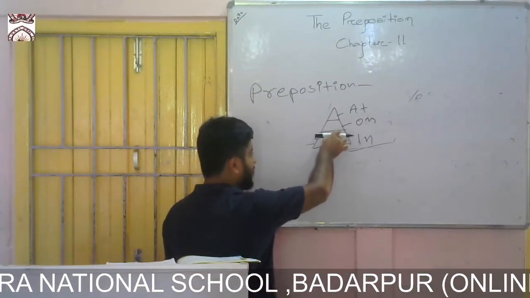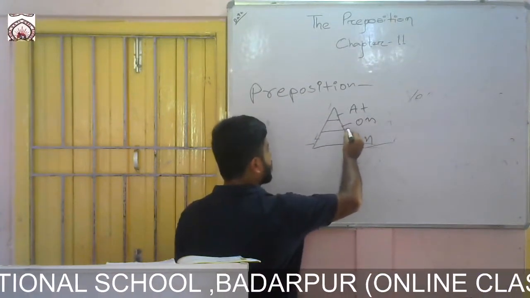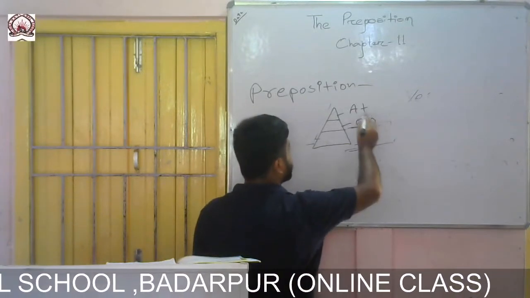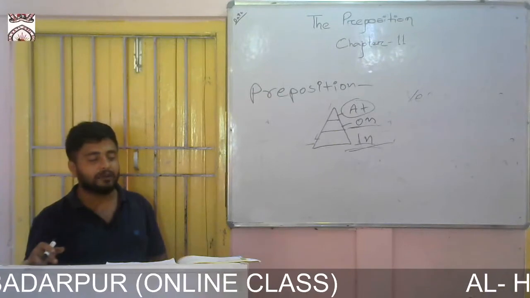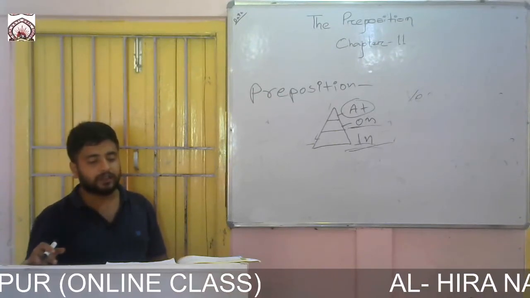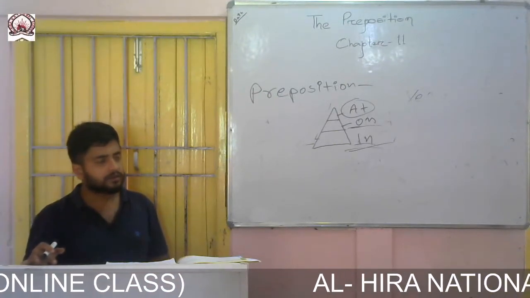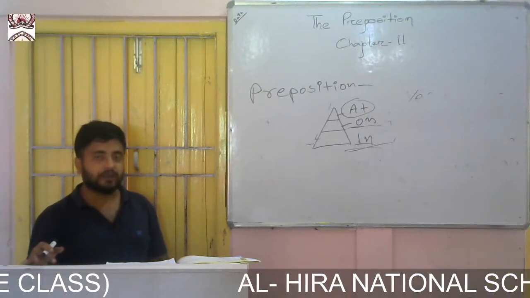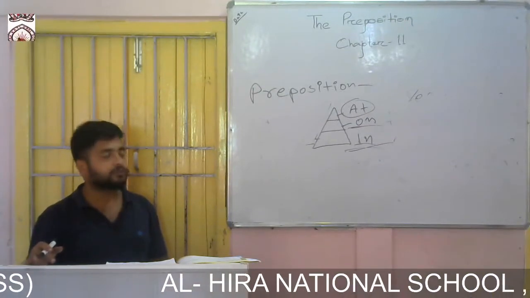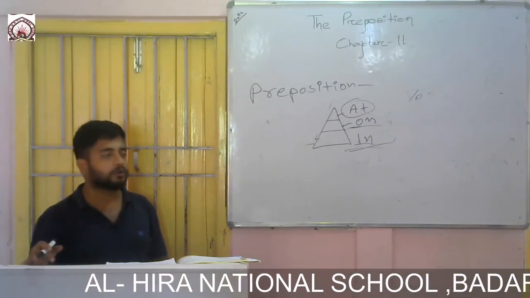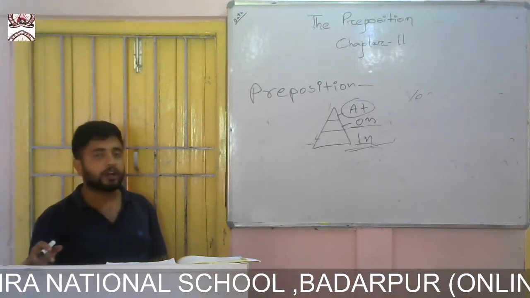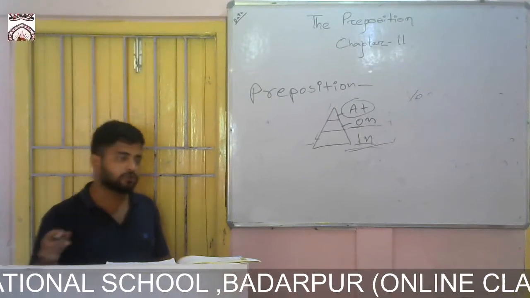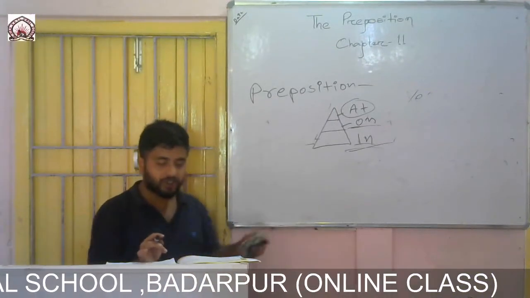For the largest time period, in; for days of the week or a single day, on; and at, where we have to use exact time, or we can say the smallest time period. To indicate a point of time, we have to use the preposition at.